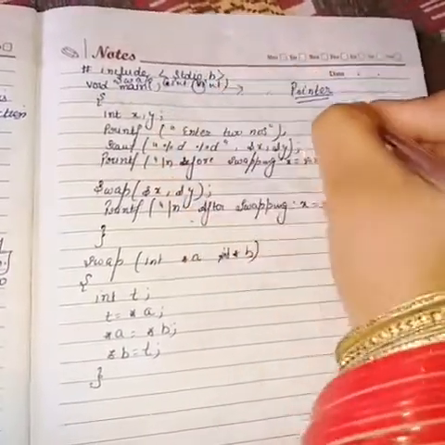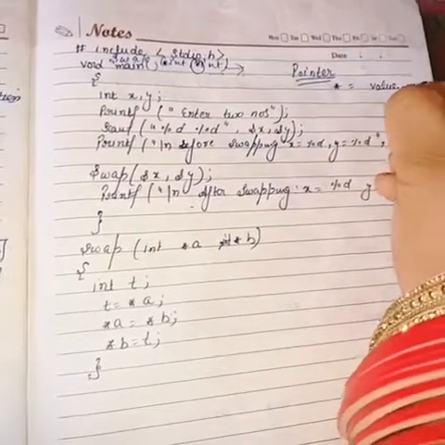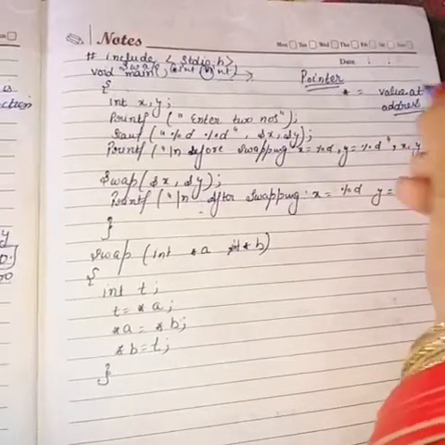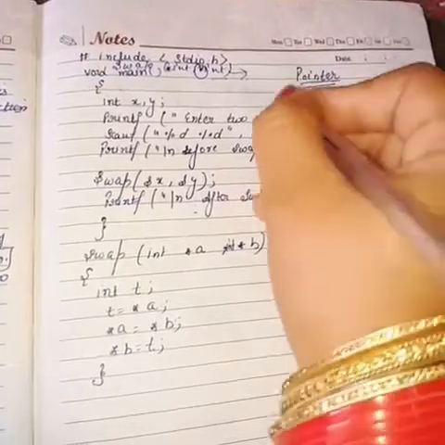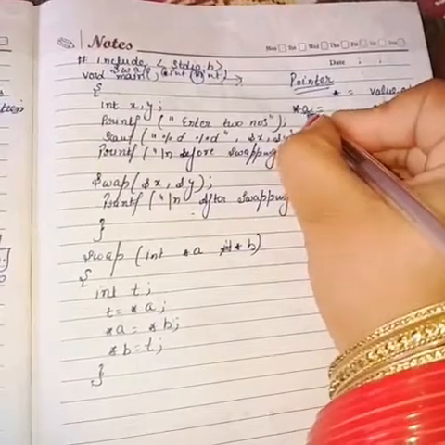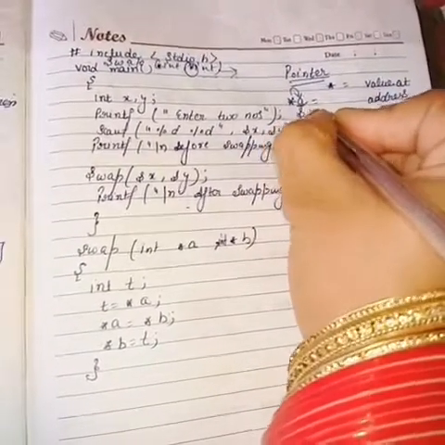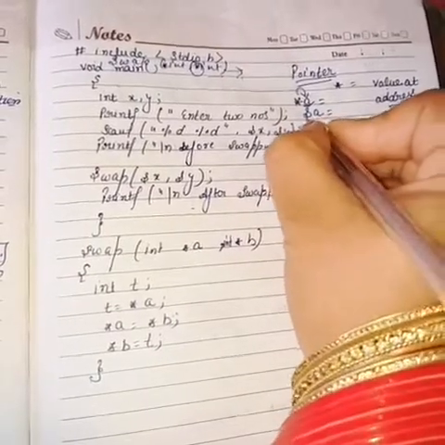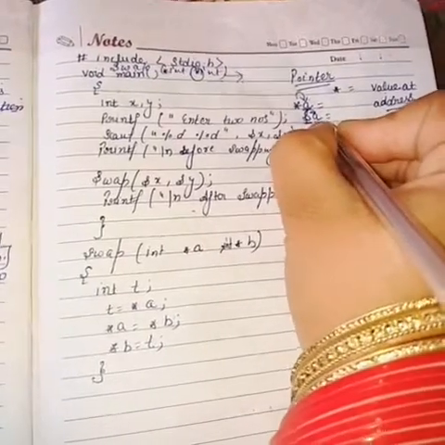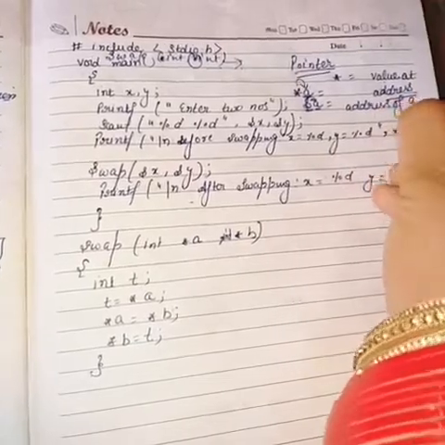Here the star means value at address, for whichever variable we use. For example, *a is the value of a. If we use &a, it means the address of a.